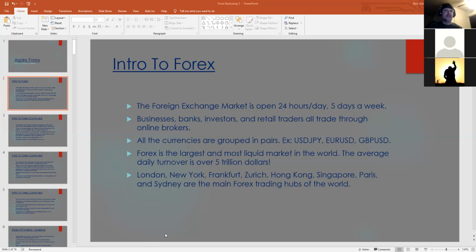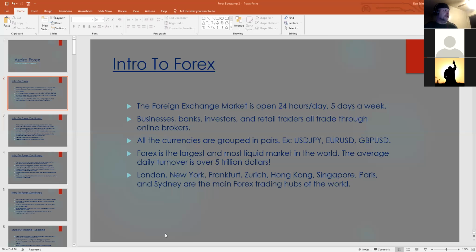But in the stock market, you have to buy shares of a company, hope there's no shady business going on, and hold on to that stock while it increases in value. And the stock market daily turnover is about 5 million. Forex is 5 trillion, okay? A substantially larger amount, all right?